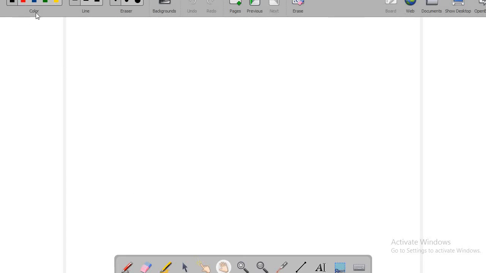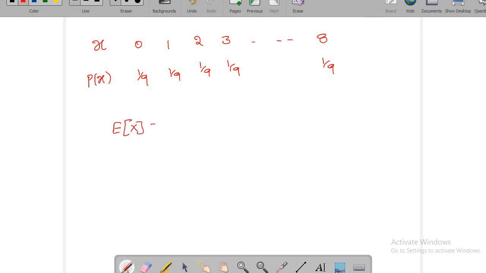My next question is, I have x and p(x) here: 0, 1, 2 up to 8, and each one has the chance 1/9. Can you tell me what is the expected value of x here? This time be careful, it is not starting with 1, it is actually starting with 0.